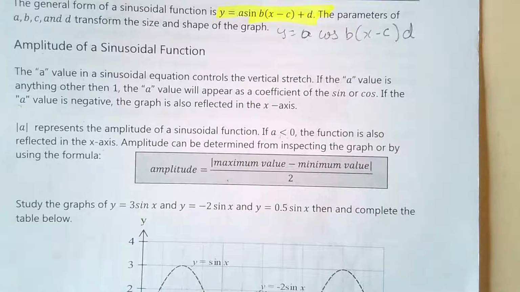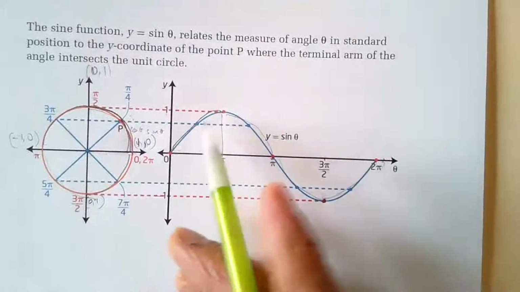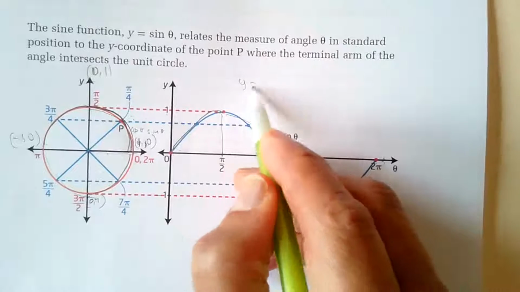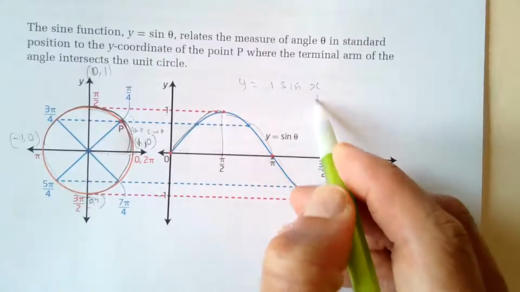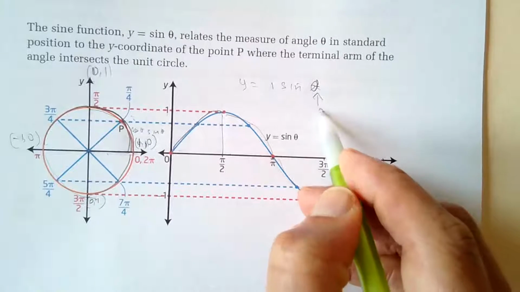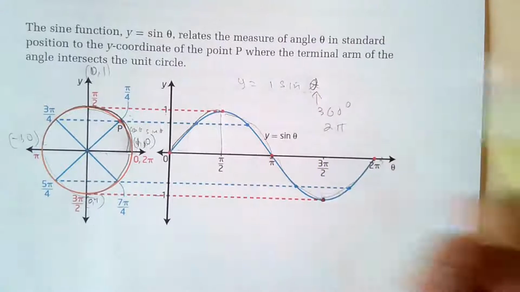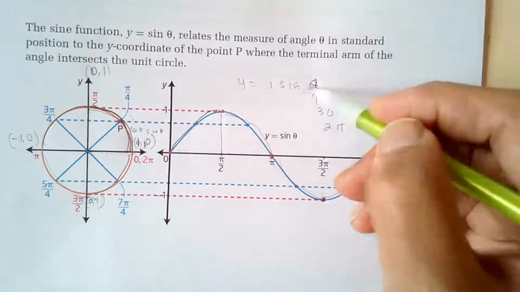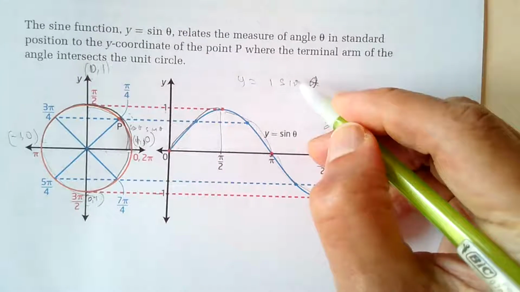We looked earlier at a sine function, and here we have our sine function, y equals 1 sine x. Now, the x, or theta, is 360 degrees, or 2 pi. By standard, theta represents 2 pi, or 360 degrees.